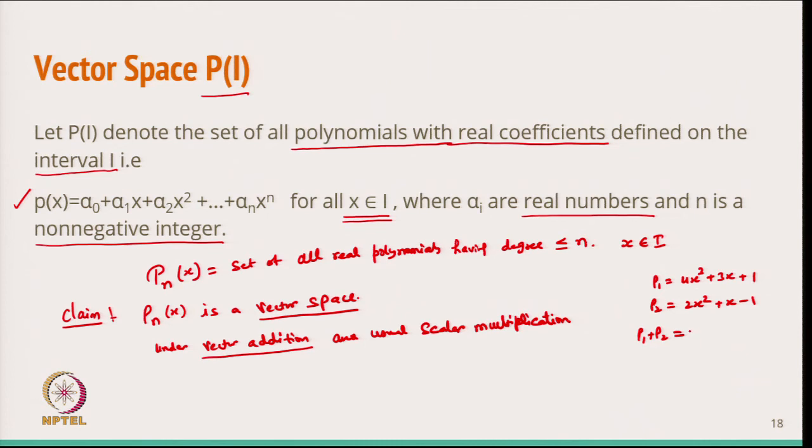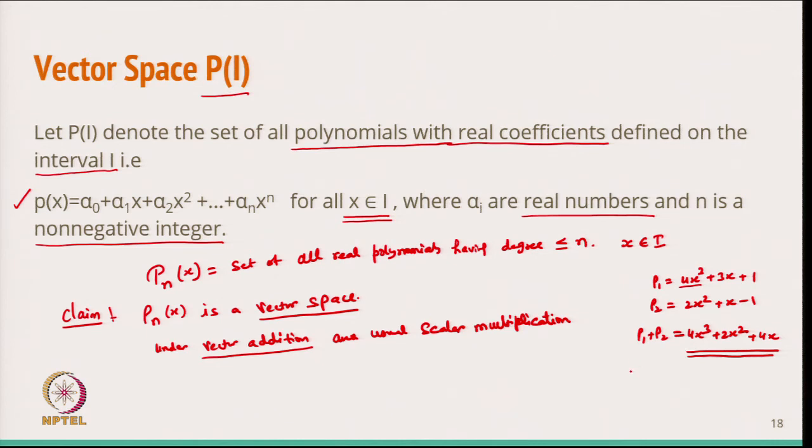So, it will become 4x cube, then x square is coming from here, so 2x square, and then I collect all the terms corresponding to x. So, it will be 4x, and the constants will cancel out. So, that will be the usual addition of the polynomials.